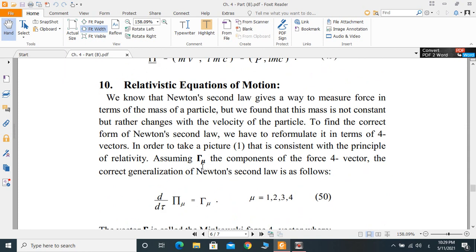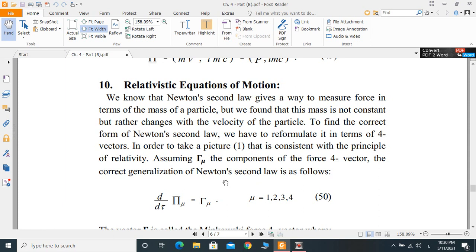Assuming that gamma mu are the components of the force four-vector, then the correct generalization of Newton's second law is as follows: dB mu over d tau equals gamma mu, where mu equals 1, 2, 3, and 4, and d tau is the period of proper time tau.